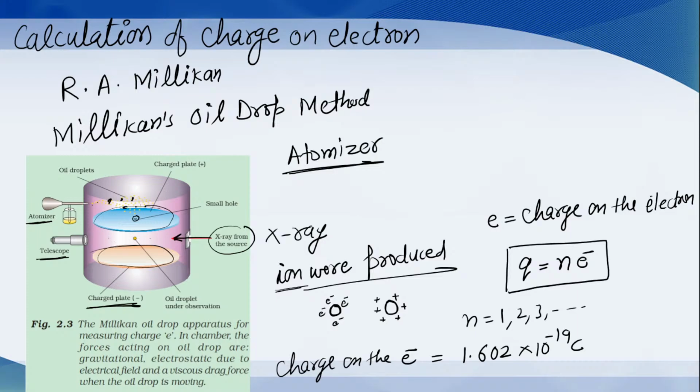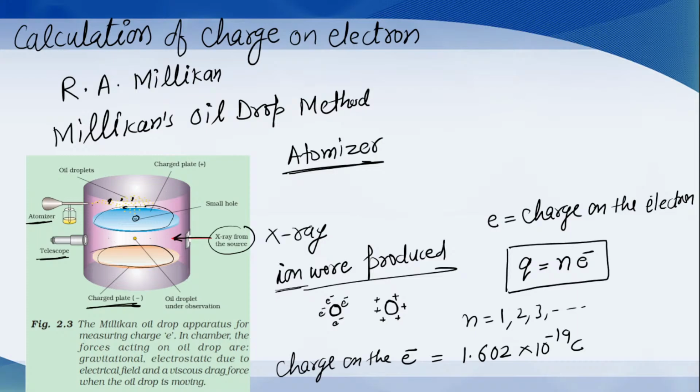So, by telescope, he monitored the motion of the oil droplets by varying the applied field, because the lower plate is negative and the upper plate is positive. The motion of oil droplets due to the charge on them is different in different electric fields, and that's why he got an idea of how much the charge on the oil droplet is. He saw that the minimum charge, of which all charges are multiples, is 1.602 into 10 raised to minus 19 coulomb.